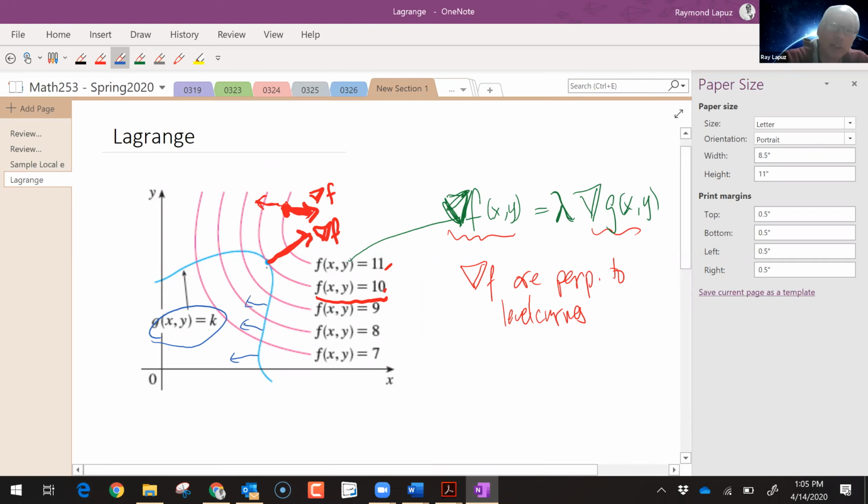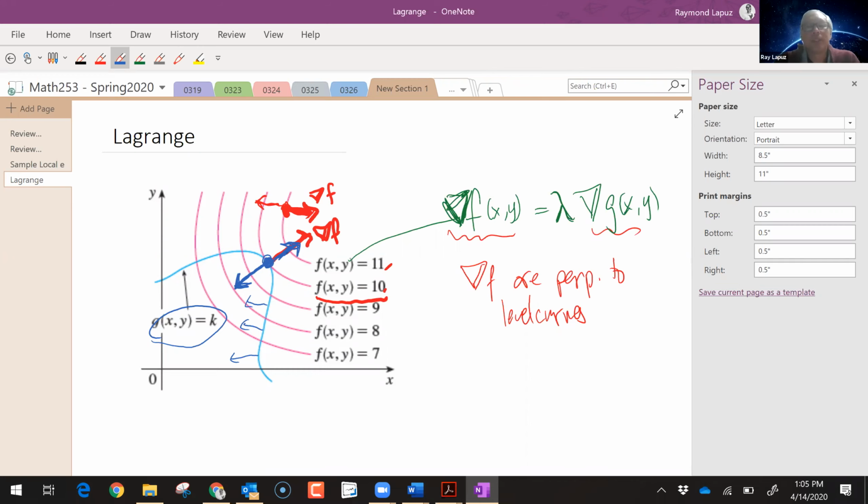But if I look at this point here, the gradient is going to be perpendicular to a level curve, and I'm randomly drawing it going in this direction. It could well have been going in the same direction as f, but it's parallel.